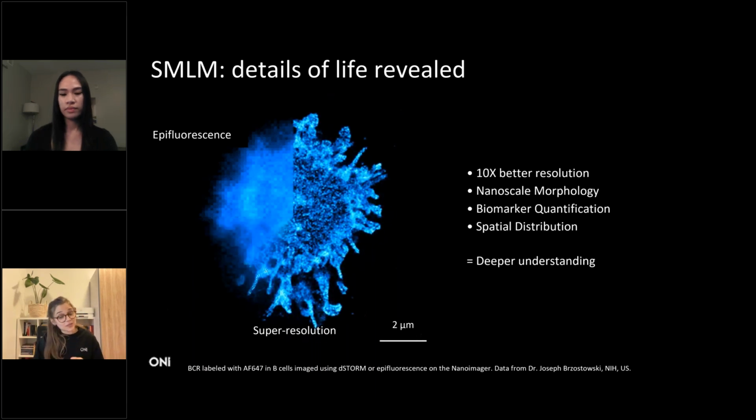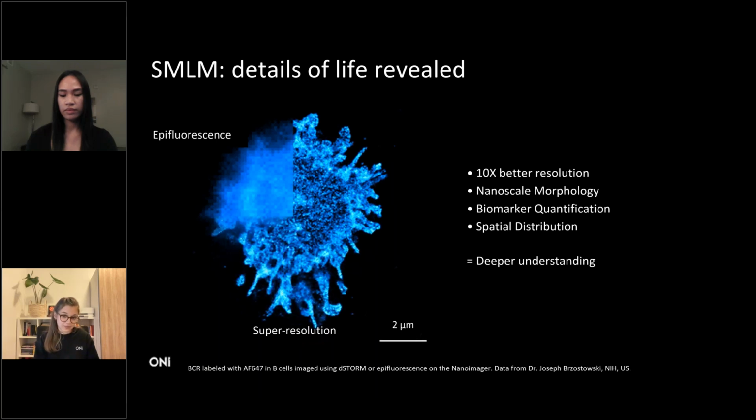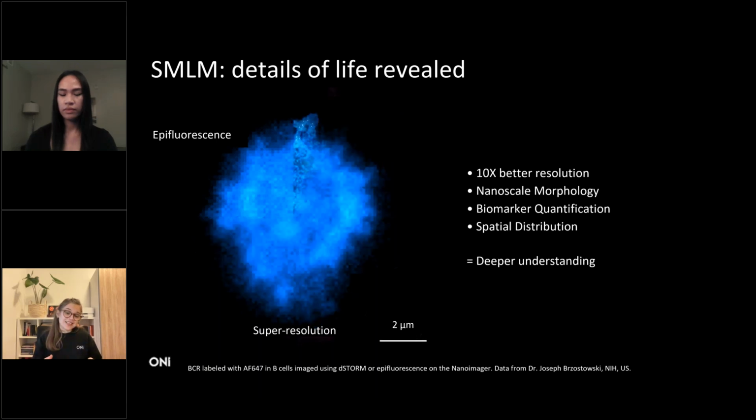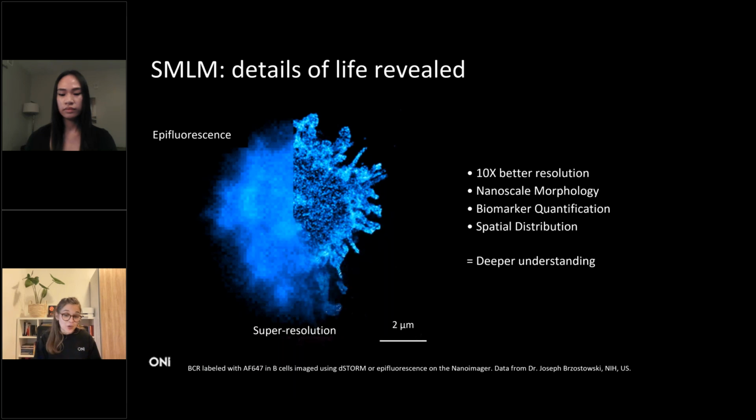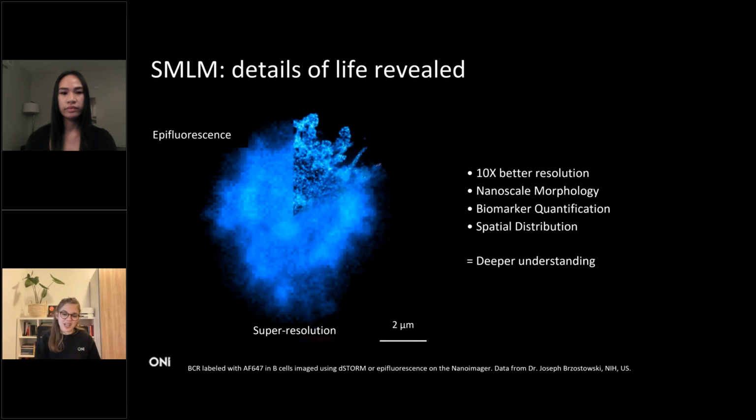Because it's a localization microscopy technique, this will also allow us to quantify this biomarker of interest. And all in all, with super resolution, the final goal is to get a deeper understanding of your sample and your biology.